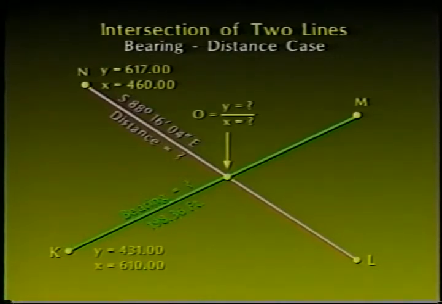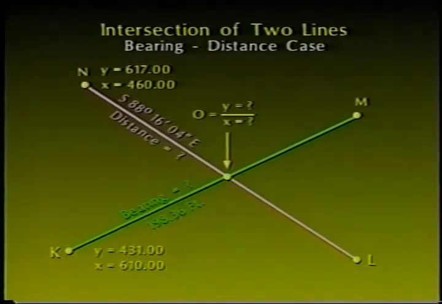In a typical programmed computer solution, coordinate values for N and K are entered along with the bearing of lines N, O, and the distance of line KO. The computer will then process the data using the coordinate geometry equations. The coordinate value of point O and the distance for line NO along with the bearing of line KO will be displayed or put into the proper storage registers.